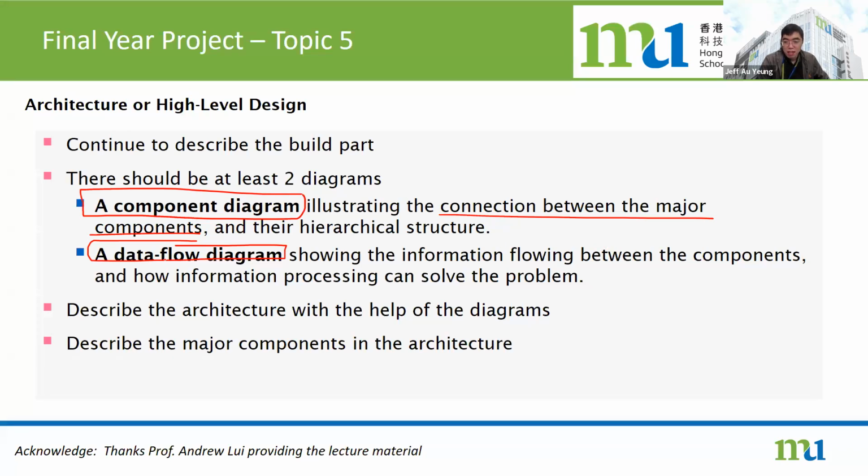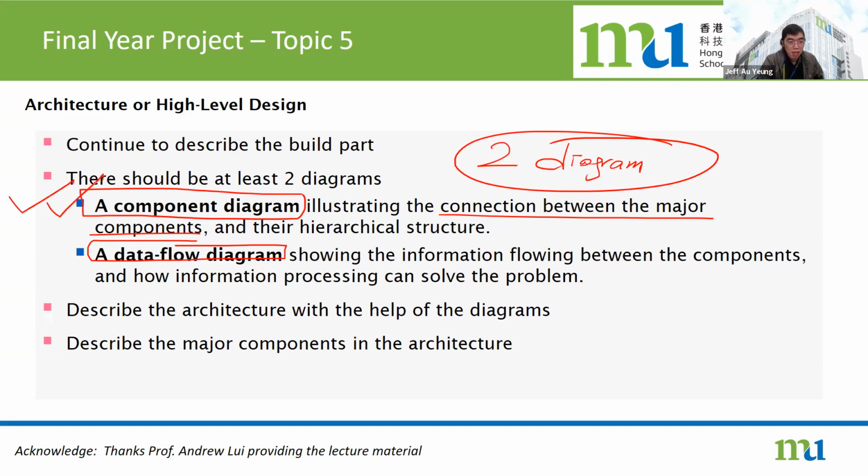And the data flow diagram is just showing what kind of data will flow between the components. So you have to include these two diagrams in the first part of your methodology. Now, this component diagram is very, very important. I'm expecting everyone will have that. And then describe how these components are.